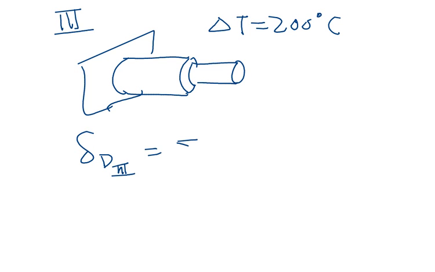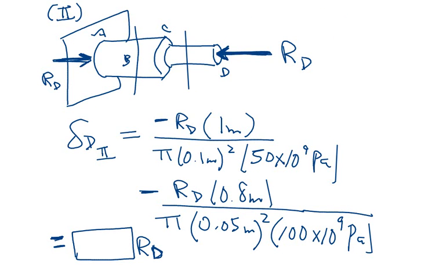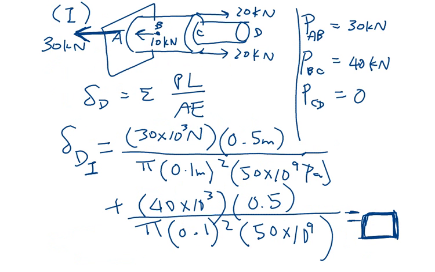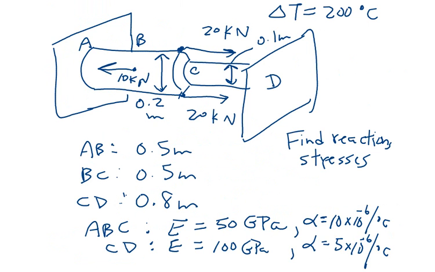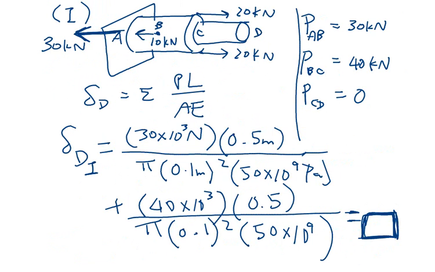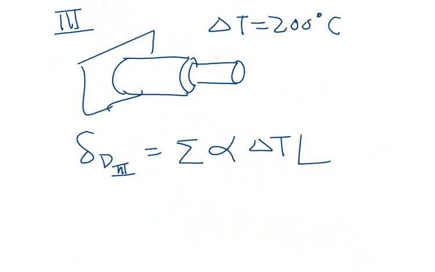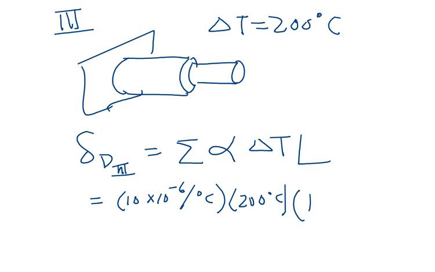This is going to be the sum of alpha delta T L. And what were my alphas? My alphas were 10 times 10 to the negative 6 and 5 times 10 to the negative 6. So 10 times 10 to the negative 6 per degree Celsius times 200 degrees Celsius times a length of 1 meter.